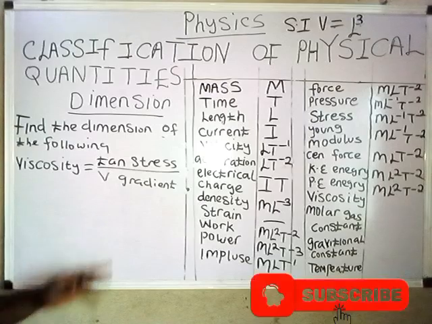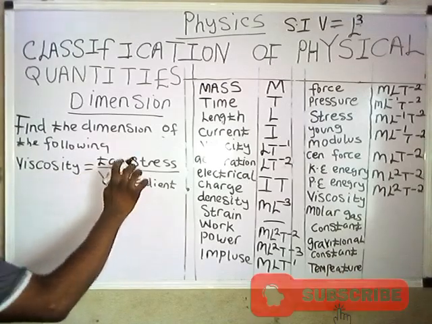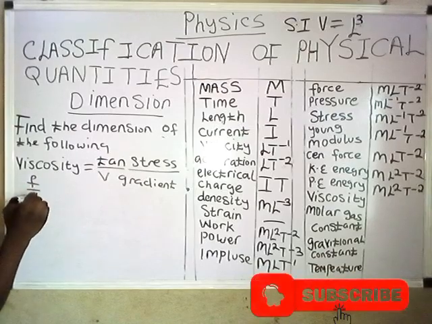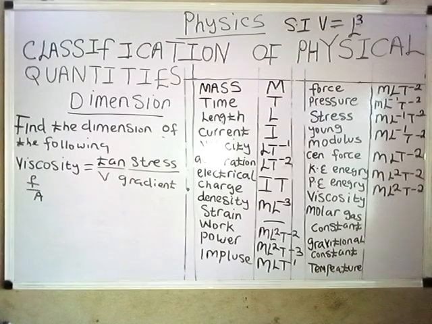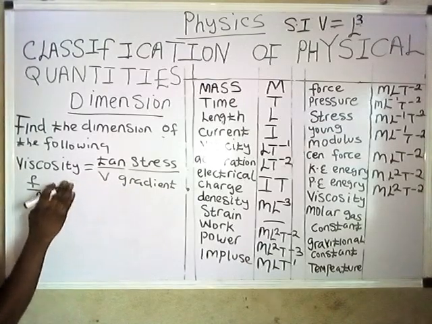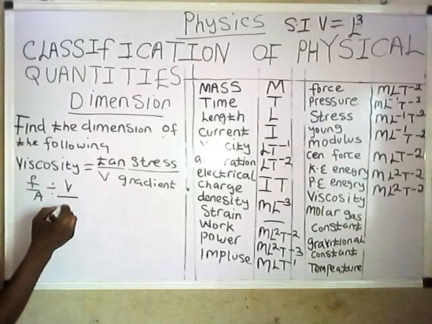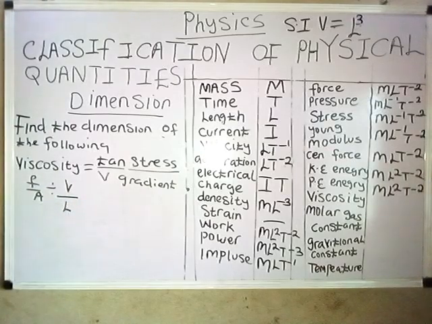So the formula for tangent stress is force over area, divided by velocity gradient, which is velocity per length.